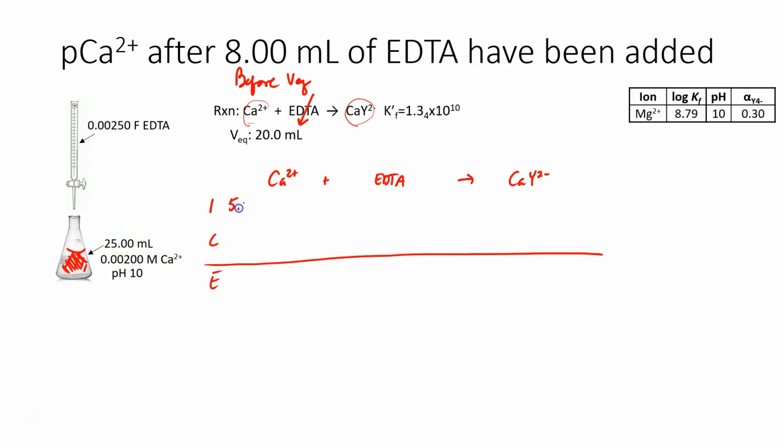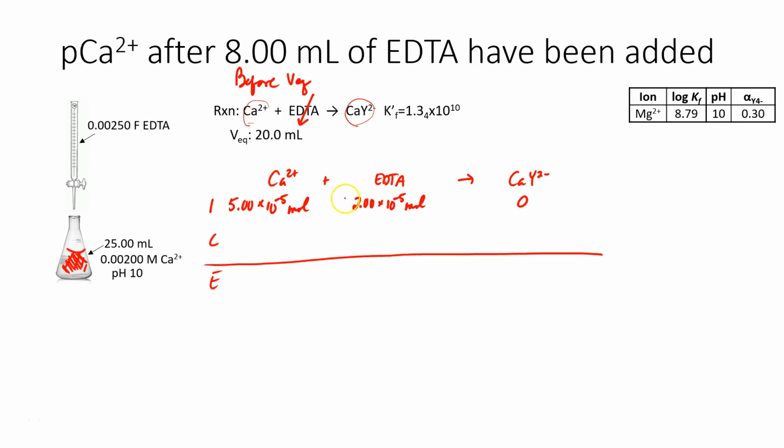That gives 5.00 times 10 to the negative fifth moles of calcium initially. And similarly for EDTA, you know the concentration, you know the volume that was added. That gives 2.00 times 10 to the negative fifth moles. And initially you haven't even made any complex yet.